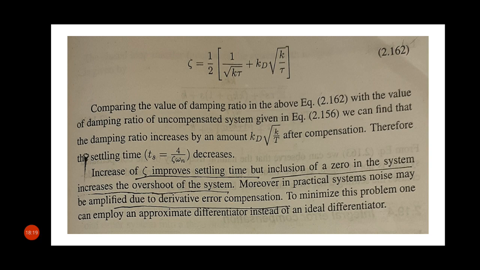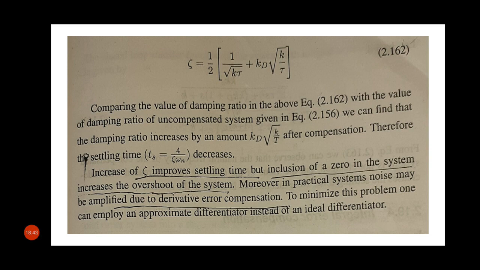Comparing the value of damping ratio in equation 2.162 with the value of damping ratio of the uncompensated system, we can find that the damping ratio increases by an amount Kd root under K by tau after compensation.